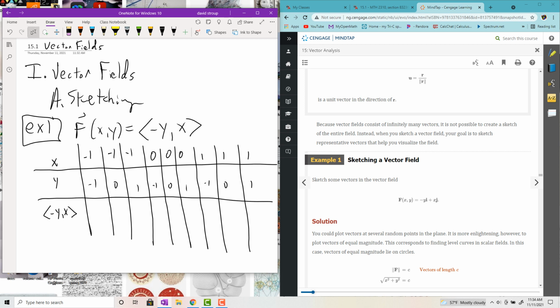The vectors are 1, negative 1; 0, negative 1; negative 1, negative 1; 1, 0; 0, 0; negative 1, 0; 1, 1; 0, 1; and negative 1, 1.